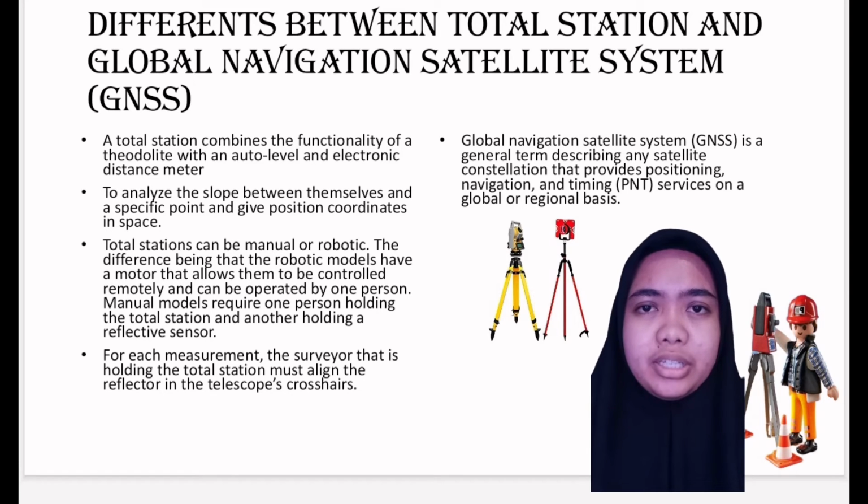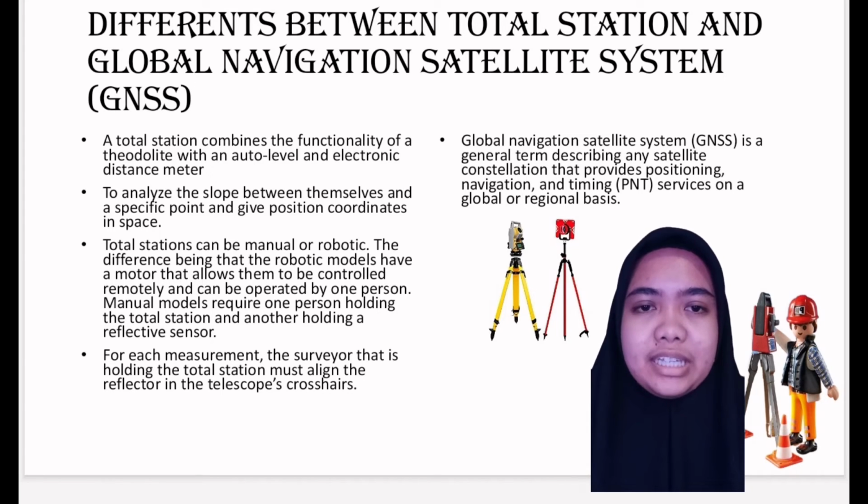The difference being that the robotic model has a motor that allows it to be controlled remotely and can be operated by one person. Manual models require one person holding the total station and another holding a reflective sensor. For each measurement, the surveyor that is holding the total station must align the reflector in the telescope crosshair.